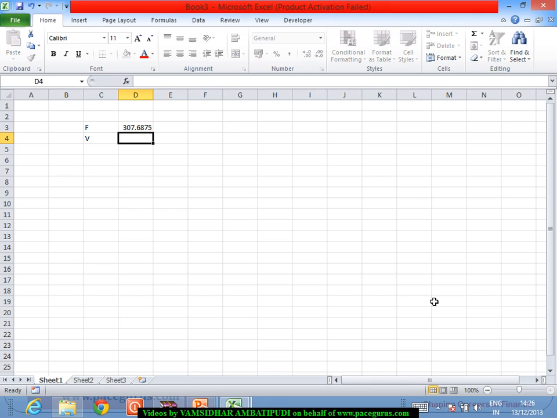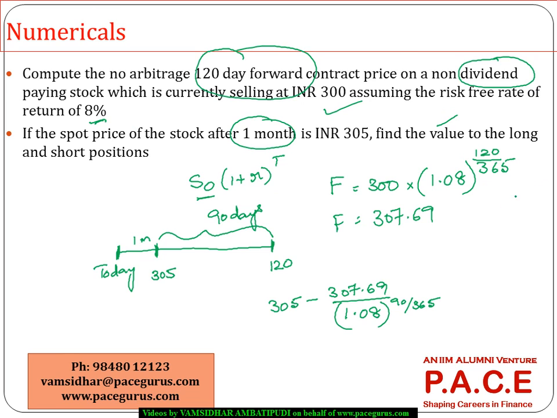So if I want to find out the value, I take 305 minus 307.69 divided by 1.08 to the power 90 by 365. So this is working out to 3.1, which is a positive value.